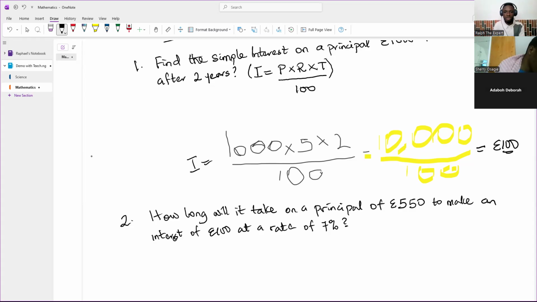How long will it take on a principal of 550 euros to make an interest of 100 euros at a rate of 7%?